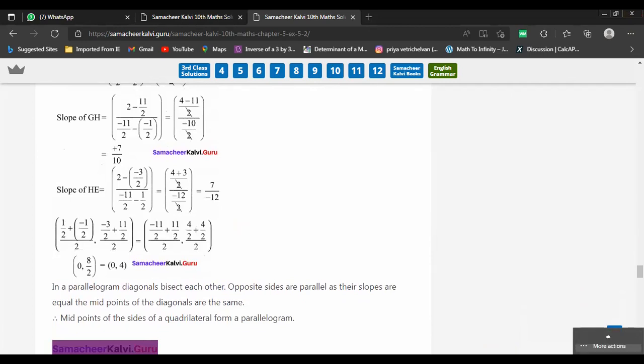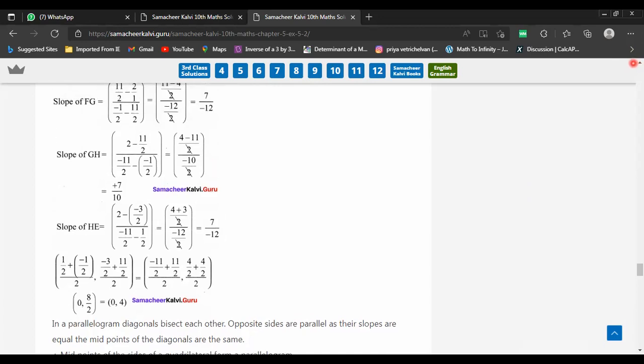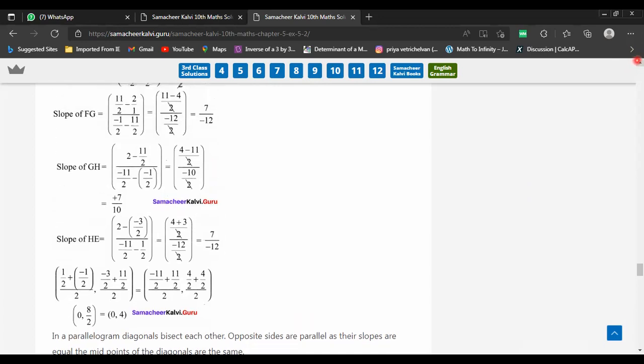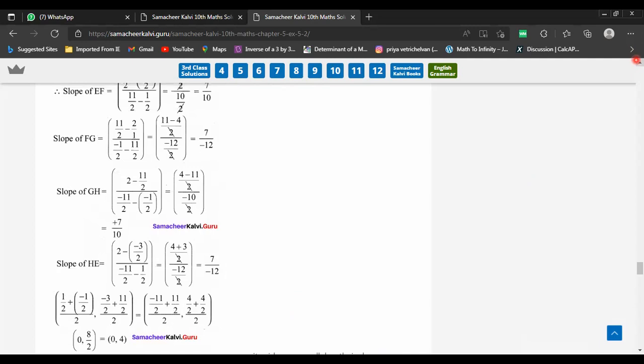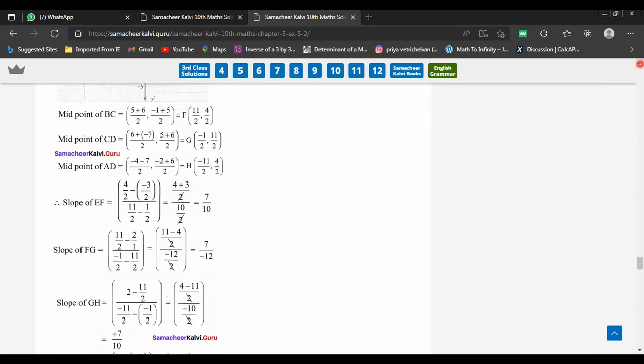So to check whether it is a parallelogram or not, you know this already. The midpoints of their diagonals should be same. And then all of their slopes, like M1 should be equal to M2 and M3 should be equal to M4. That is the condition.